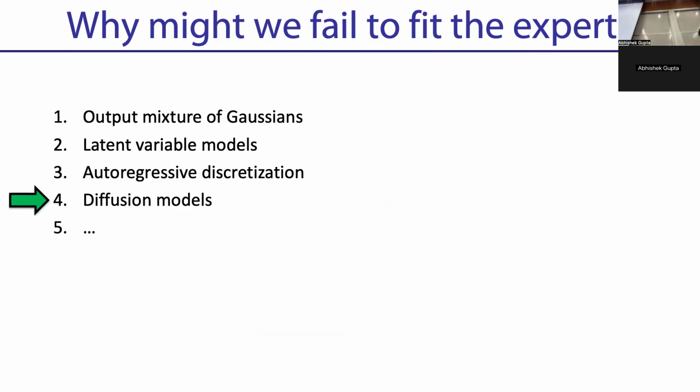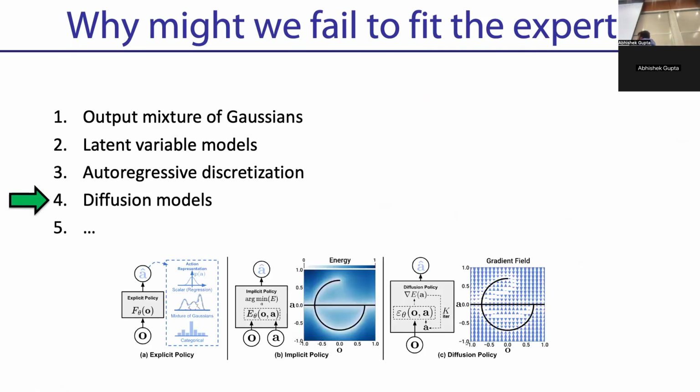The last one that has become more popular recently is the idea of diffusion models. Are folks familiar with diffusion models? Yes? Ish? Okay, the idea of a diffusion model is interesting. The diffusion model literature started with one of my lab mates in grad school.